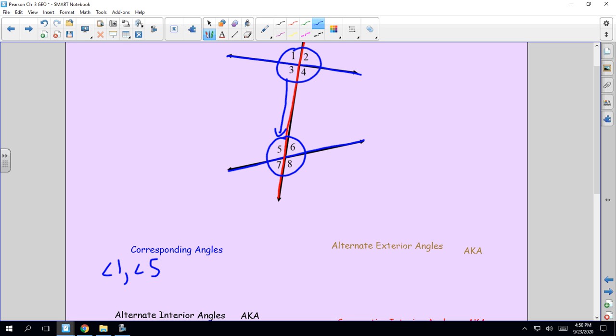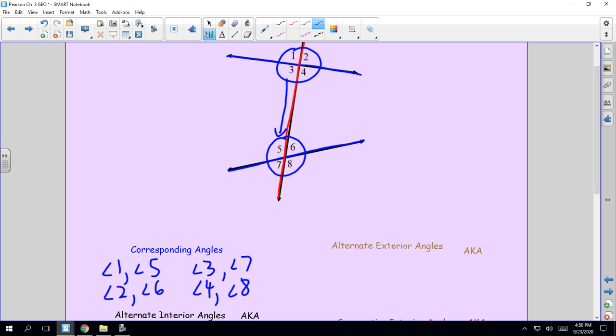Angles 3 and 7 are corresponding angles. Angles 2 and 6 are in the same position at the respective vertices, and angles 4 and 8 are corresponding angles. So those are corresponding angles. They are in the same position.